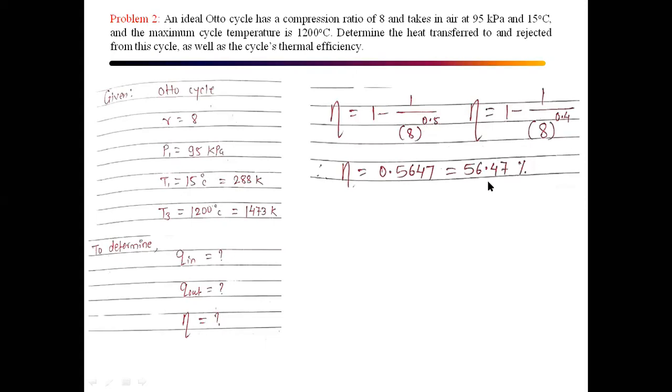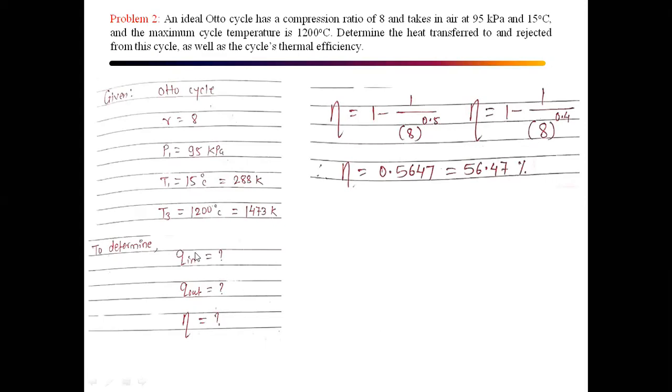After implementing that equation, put the value of R and the value of K. Again, I am taking the same value of K, that is 1.4. Unless it is mentioned to calculate the value of Cp and Cv with the variation, you need to take the value of K as 1.4.